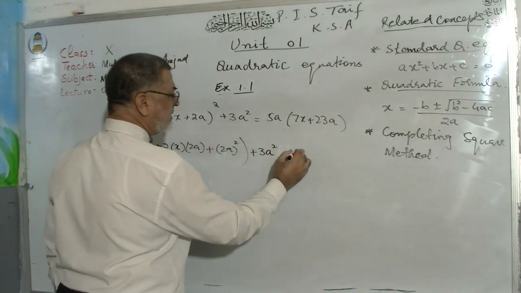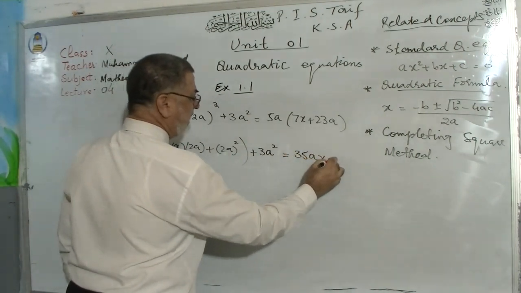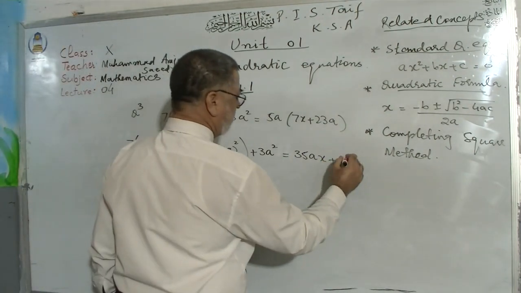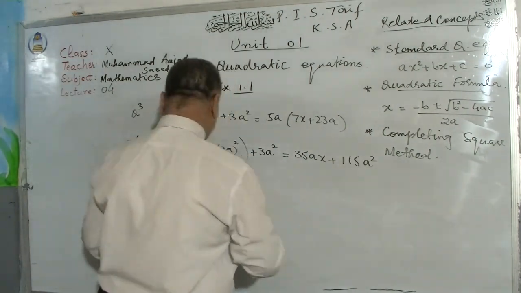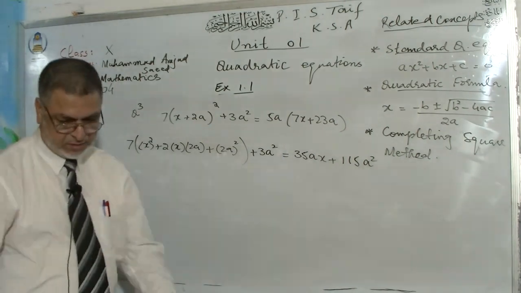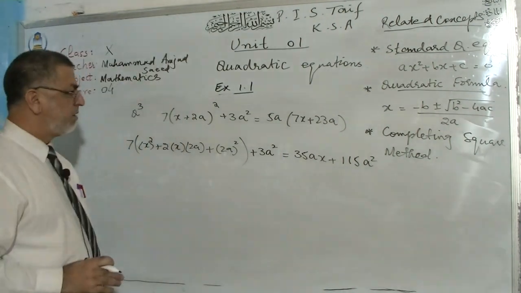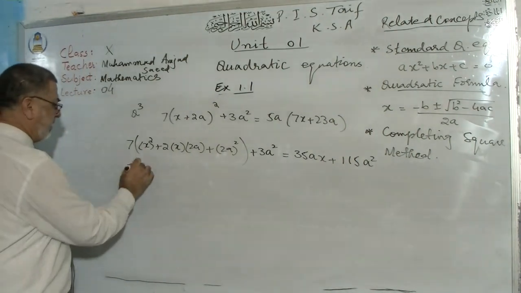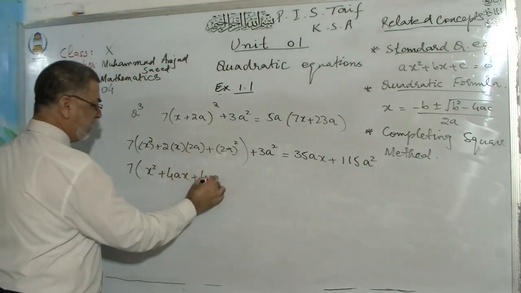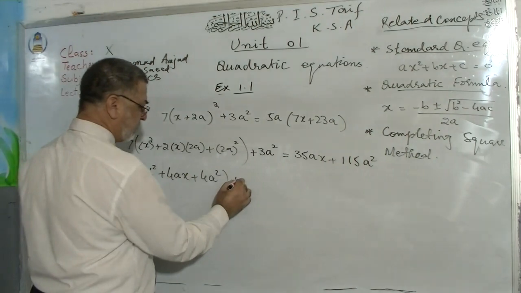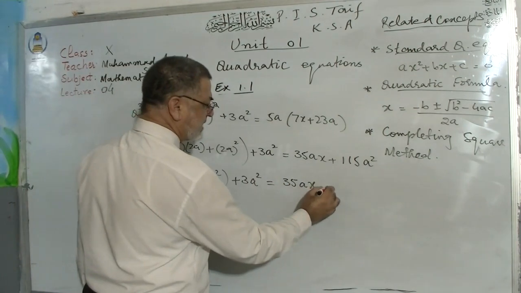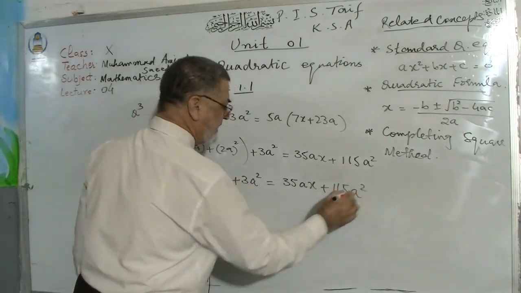So we get 7 into (x square plus 4ax plus 4a square) plus 3a square is equal to 35ax plus 115a square.